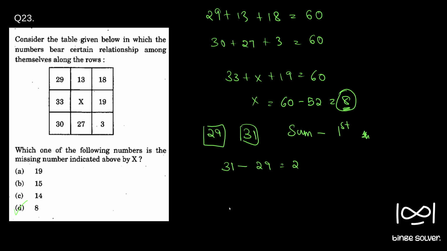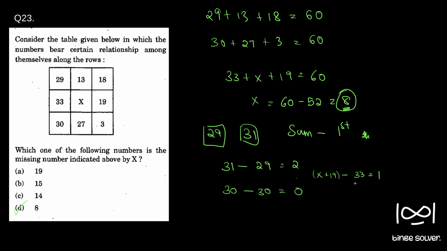So here it becomes 30. The sum of the second and third elements is 30 and the first element is 30, so it is equal to 0. So we can also think of this, in the second row also this applies. So it comes like x plus 19 minus 33 should be equal to, since it's 2 here and 0 here, pattern wise this has to be 1.